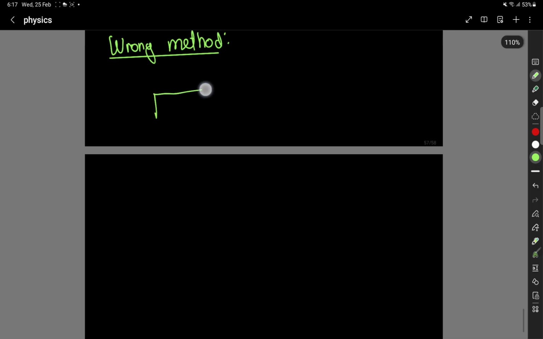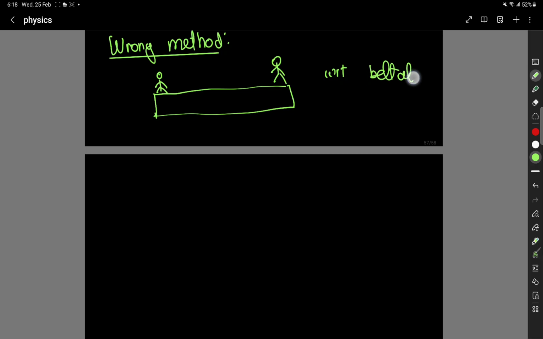So if this is the conveyor, boy 1 will be here, boy 2 will be here, and with respect to the belt, always 3 meters per second. Left or right, we don't care right now. 3 meters per second, 3 meters per second.